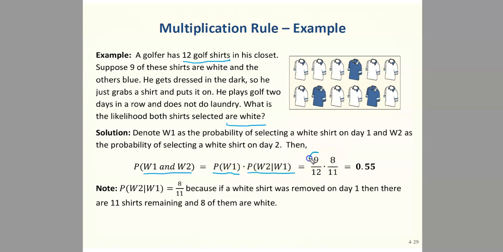So by the multiplication rule, our probability is going to be 9/12 times 8 out of 11. And when you evaluate that, you get 0.55. So you see we needed to write our probability in this manner. In this case, the events are dependent because you did the experiments without replacement. Now let's take a look at another example.